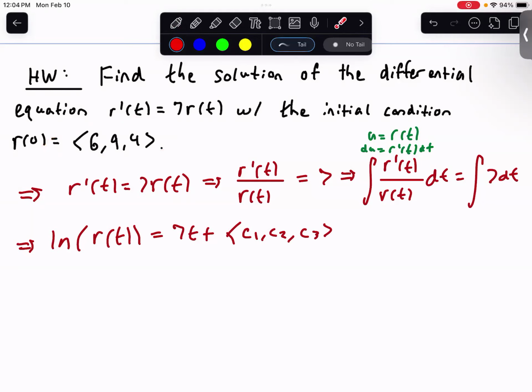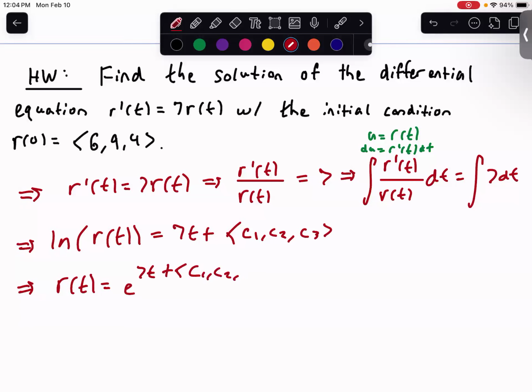And so all we need to do is solve for r of t, which means exponentiating both sides with respect to base e. If you exponentiate both sides, this is going to tell you that r of t is equal to e to the 7t plus c1, c2, c3, this vector. This is a trick we did a couple of times last semester.